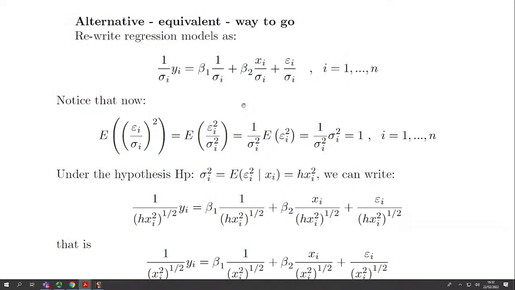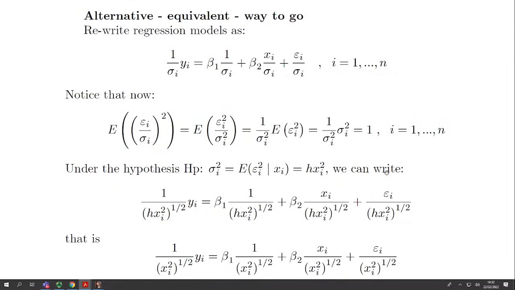Of course, there is nothing here, this is simply algebra. If I don't say anything about sigma i, this is completely meaningless. So I also had to complement this algebraic operation with the following assumption. This is the crucial part. My assumption about the heteroscedasticity was crucial here.